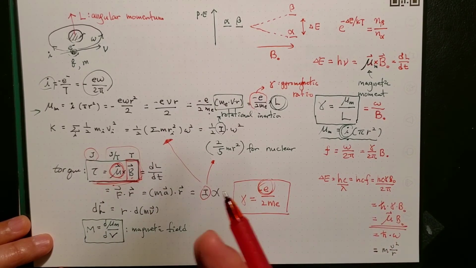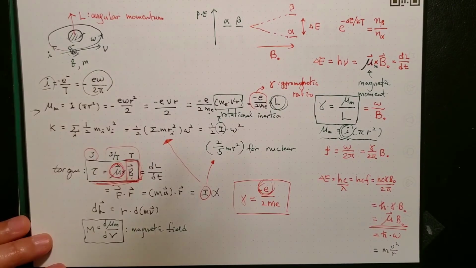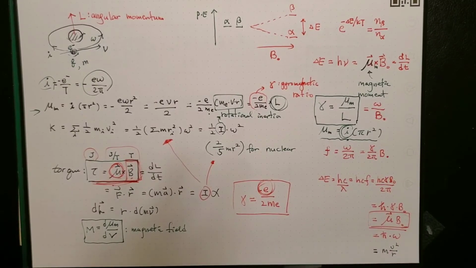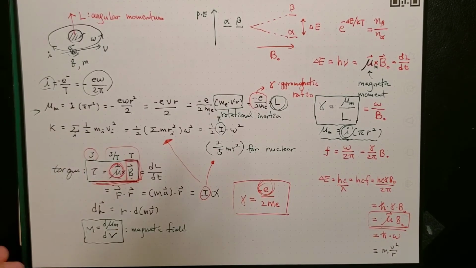So how much torque, how much energy you give to the system to make it transition to the excited state. That's what it means if you kind of combine the concept with the physical model and the quantum model.